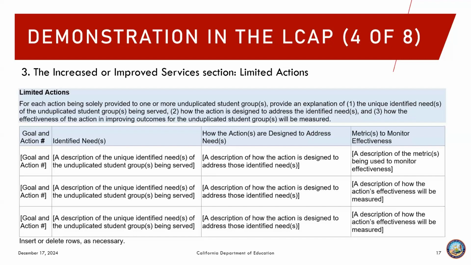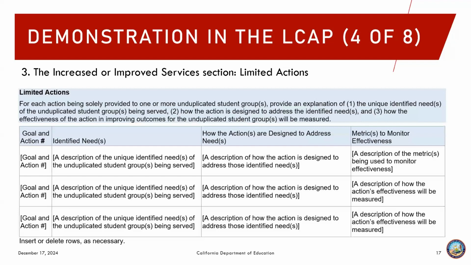In both of the tables, you're identifying the need of those students and explaining what that need is, what the data is that has identified that need. Then in the second column, you're identifying how the actions are designed to address the need. But unlike the LEA-wide and school-wide actions, in the limited actions, you're not providing an explanation of why this is being done LEA-wide or school-wide, because obviously it's not being done LEA-wide or school-wide.